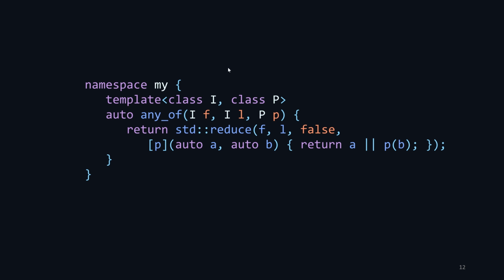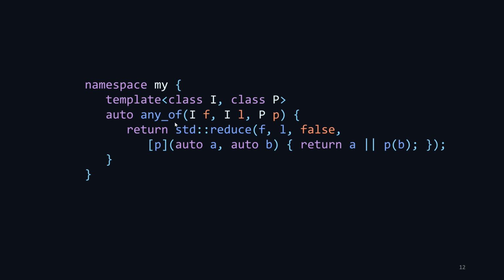Once again, we've got our two input iterators, F and L for first and last, and in this case, we have a predicate, which is going to test the condition that we're checking for in our data structure. Once again we're capturing P, and we have our generic lambda here, which is just going to logical or our value A with whatever our predicate returns on the element B that we're currently looking at. And we initialize this to false, so if at any point our predicate returns true, our whole algorithm will return true as well.